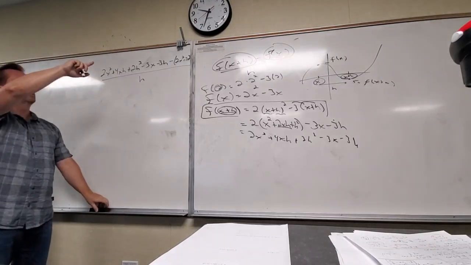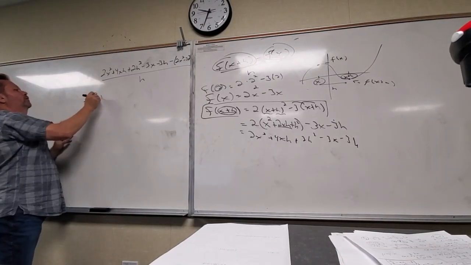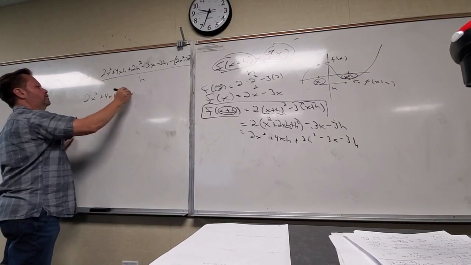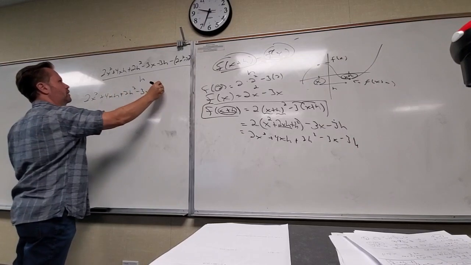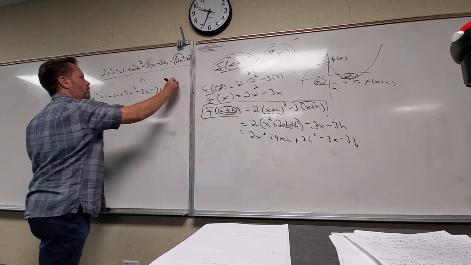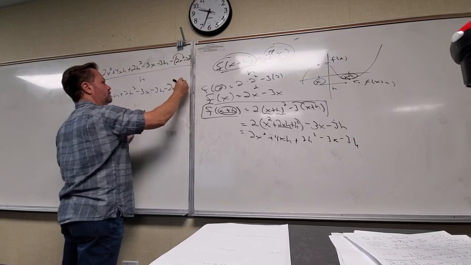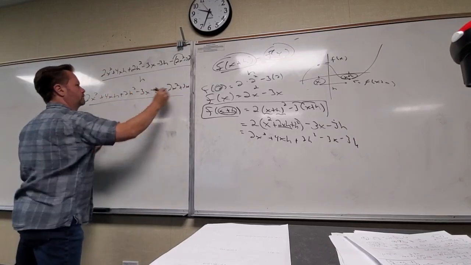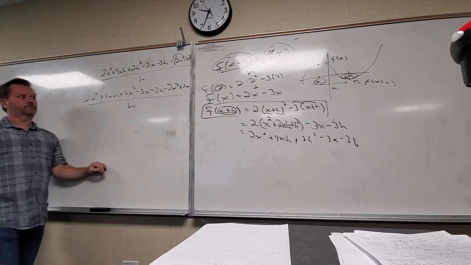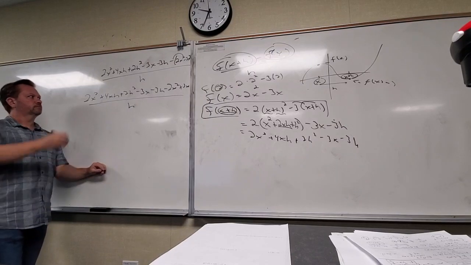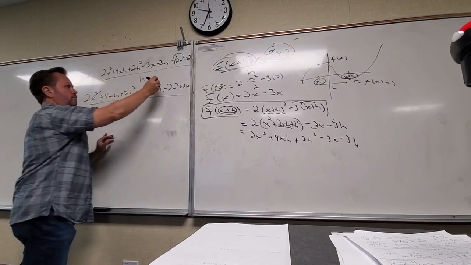So then I get 2x squared plus 4xh plus 2h squared minus 3x minus 3h minus 2x squared plus 3x. Do you see anything that cancels? Yes. What cancels? The 2x squared and 3x.